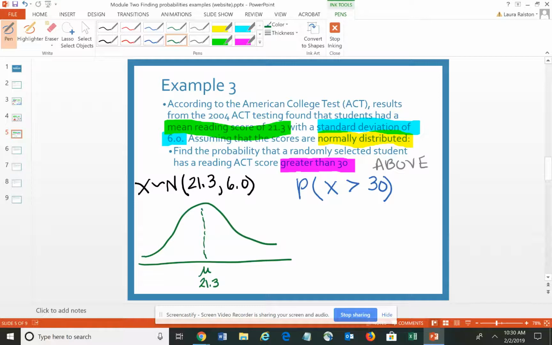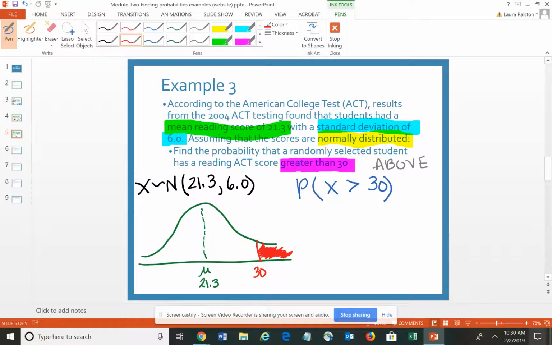In this case, my point of reference is 30. 30 is greater than 21.3, which is the mean. So we're going to be somewhere to the right. We're looking for this shaded region out here on the end, or in what we call the tail.